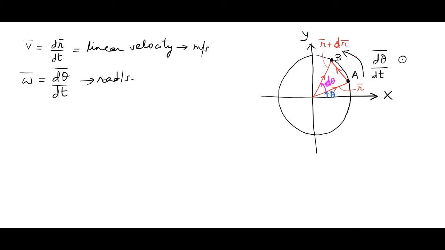And because this dr bar is so small, it means that the length of this arrow, that is modulus of dr bar, is going to match the length measured along the circular arc AB, and that's because there is very little difference between the straight line path from A to B and the circular arc from A to B, and that's because this angle d theta is so small that B and A are almost adjacent points.